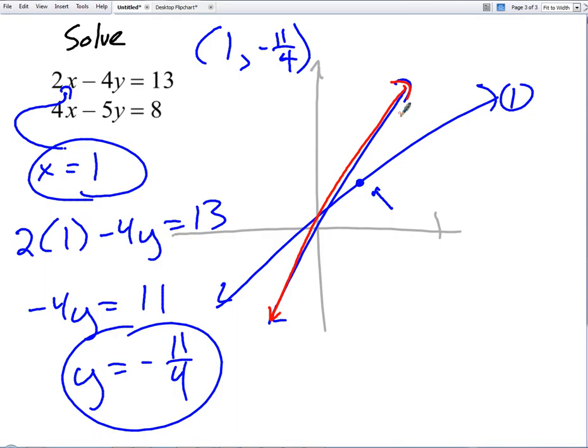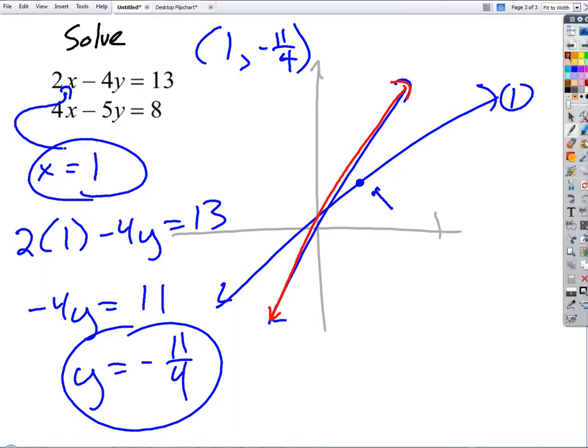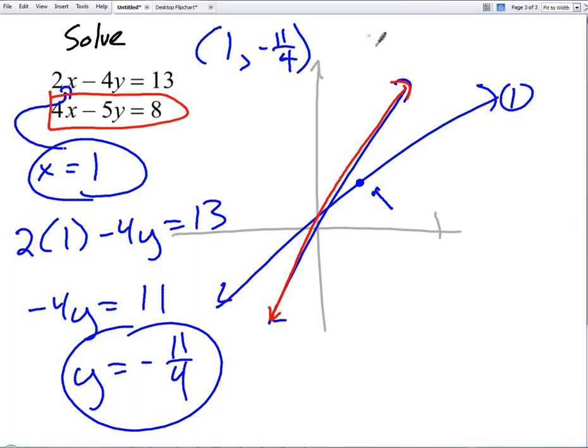Now, in the same way, there are an infinite number of values that I could pick for the red line also, right? Well, let's do one quick one. There's an easy one. If I let y, we're looking at the red line now, if I let y equal 0, so I plug 0 in for y, I'm going to get 4x minus 5 times 0 equals 8.